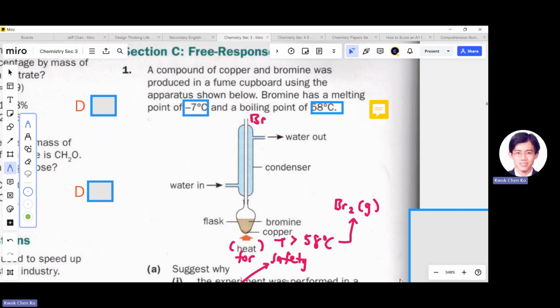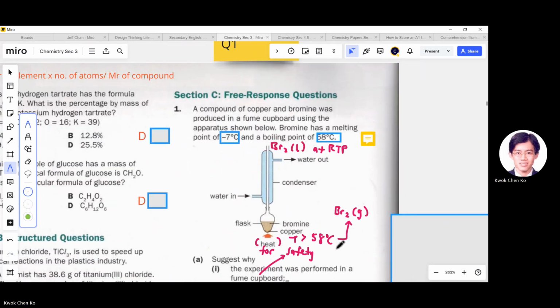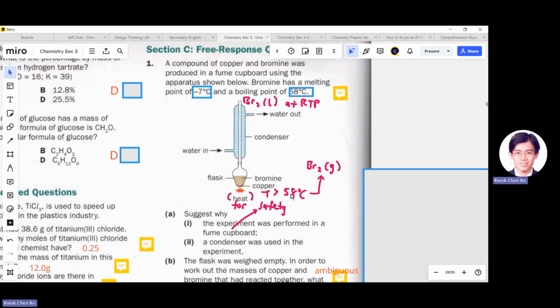So by right, bromine is a liquid at room temperature and pressure. But because of the heating, it vaporizes. So you need to know this about bromine: it is toxic, whether as a gas, liquid, or whatever. But because it's done in a fume hood, I write it in full for you.